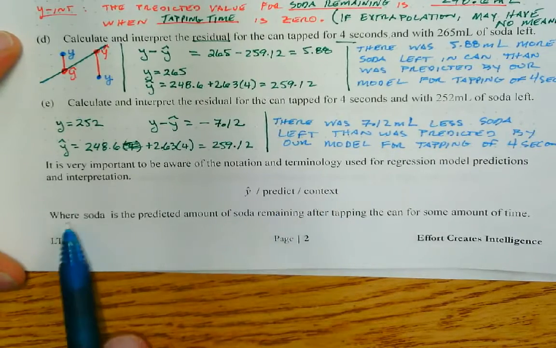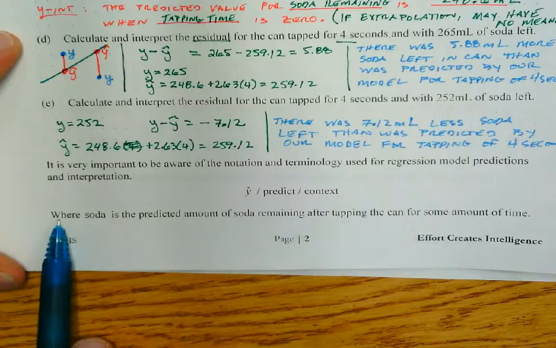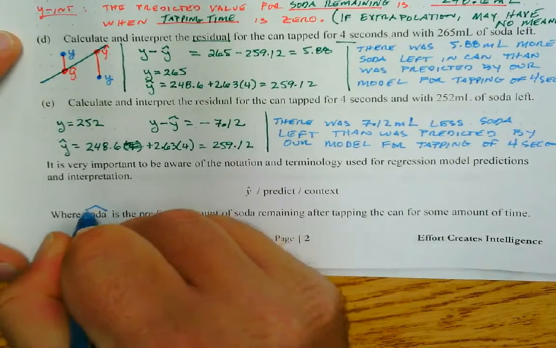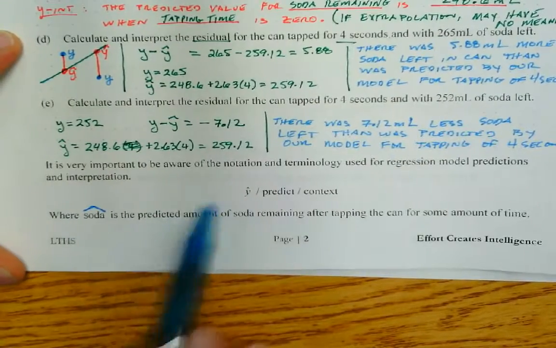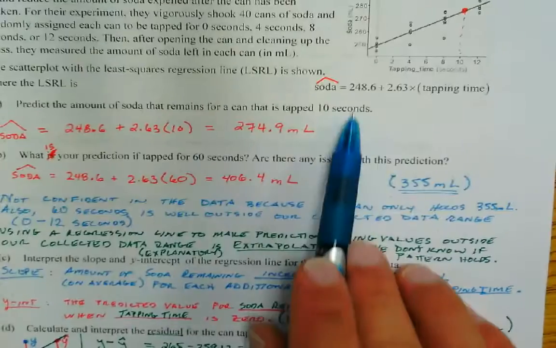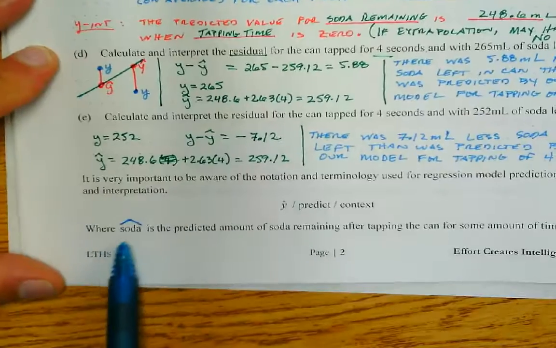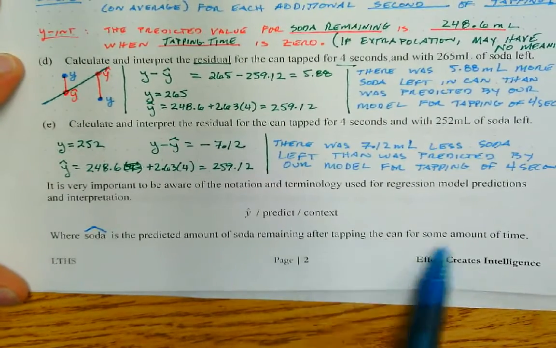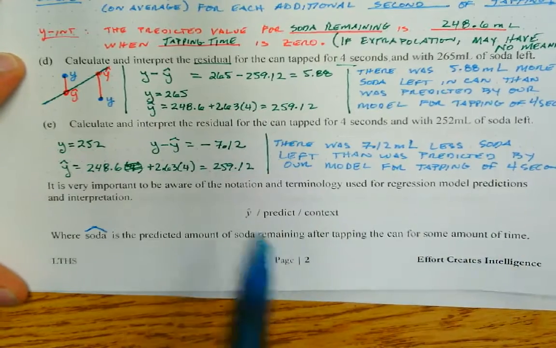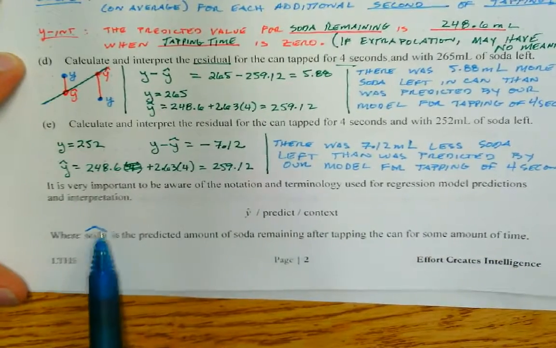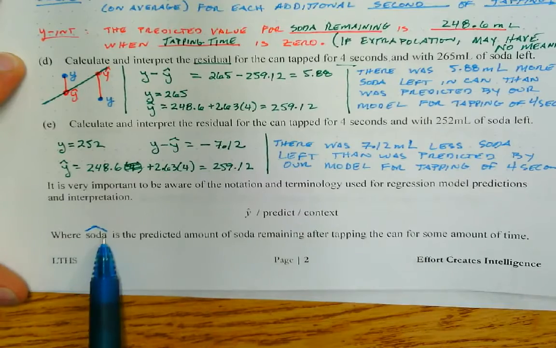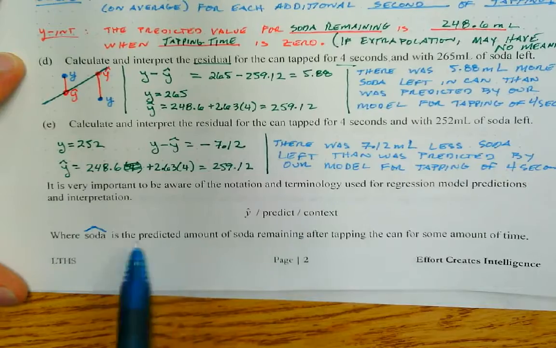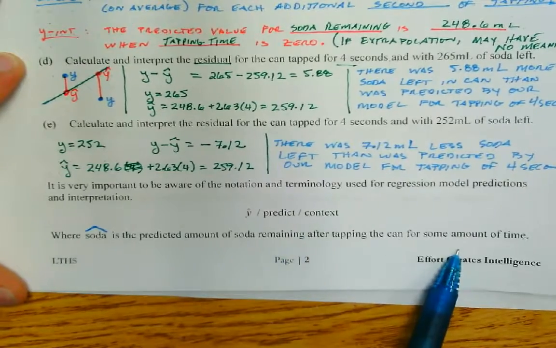In this situation, notation-wise, we were using soda hat, where soda hat is the predicted amount of soda remaining after tapping the can for some amount of time. So y hat in this case is our response variable that we are predicting, soda hat. This is a predicted amount, not the actual, and then what was the context of our situation.